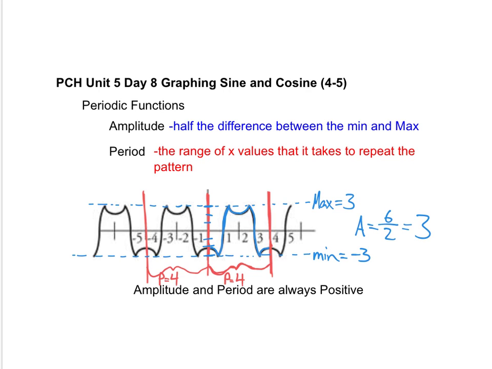Did I do anything to the amplitude? No. Batman put on a little bit of weight. This is middle-aged Batman or geriatric Batman or something. All right. Now it's going to go from 0 up to 6. What's the distance between the max and the min? 6.